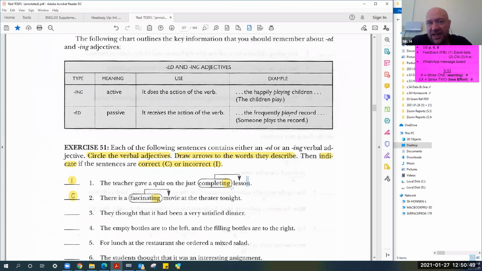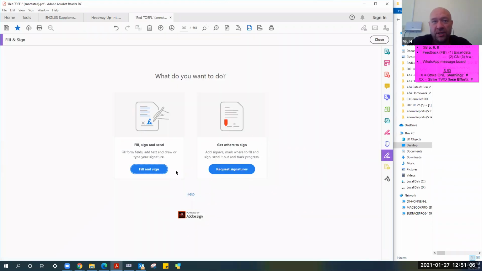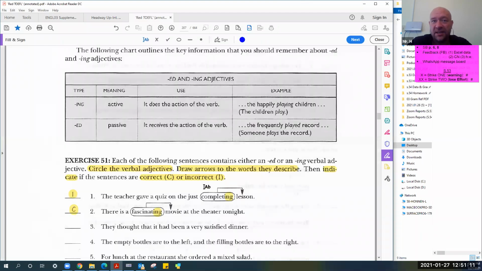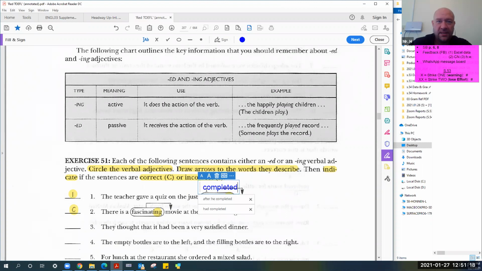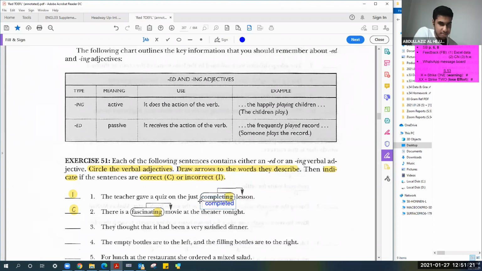The key is the lesson. Did the lesson do the action? No. Somebody did it, not the lesson. So what should it be, gentlemen? Completed. The completed lesson. Do you understand?